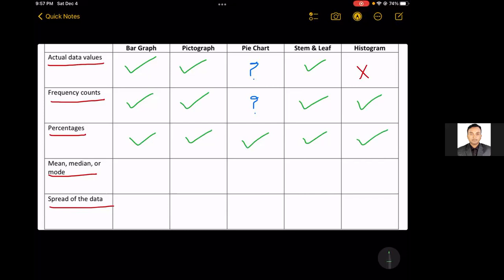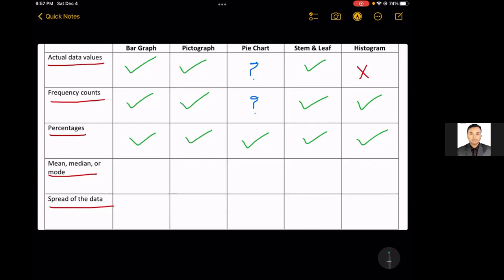Okay, now we want to ask the most important question, which is, can we derive the mean, median, or mode? Well, if we have a discrete data set, for a bar graph, we can calculate all the three.